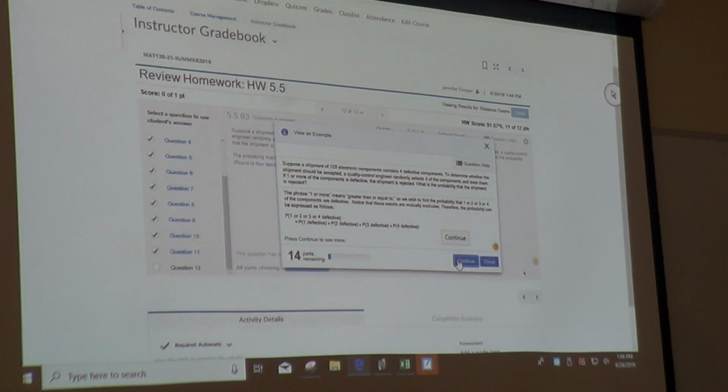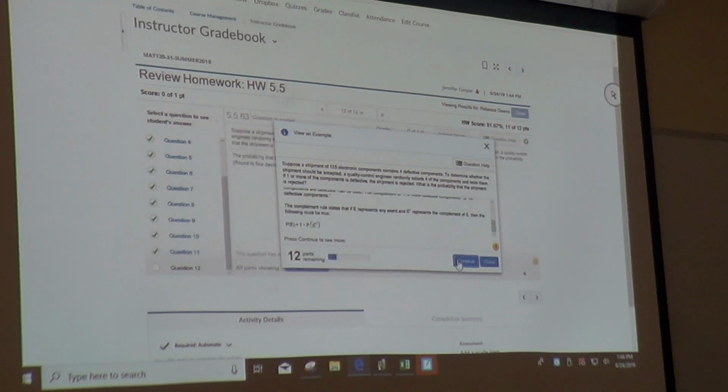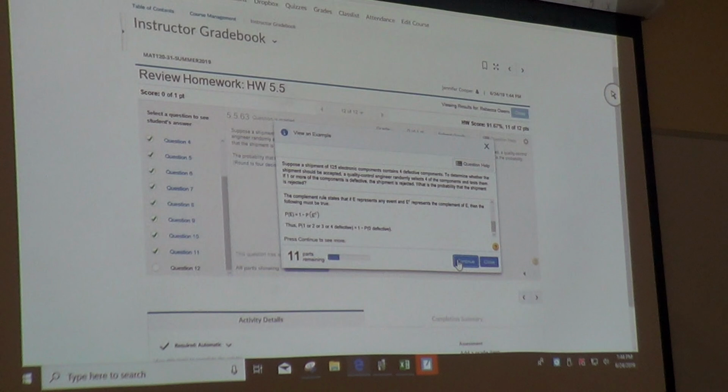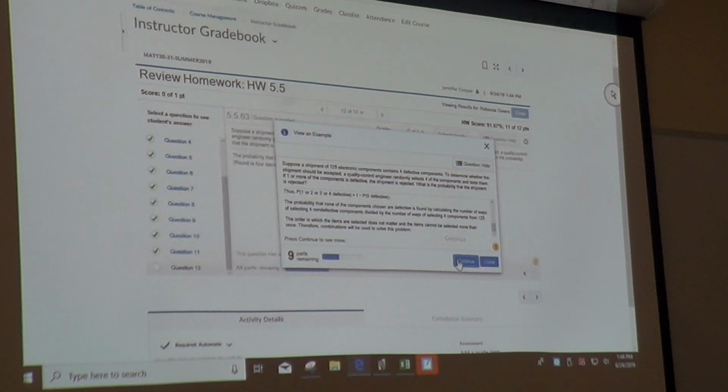1 minus the complement, which is what I was thinking.